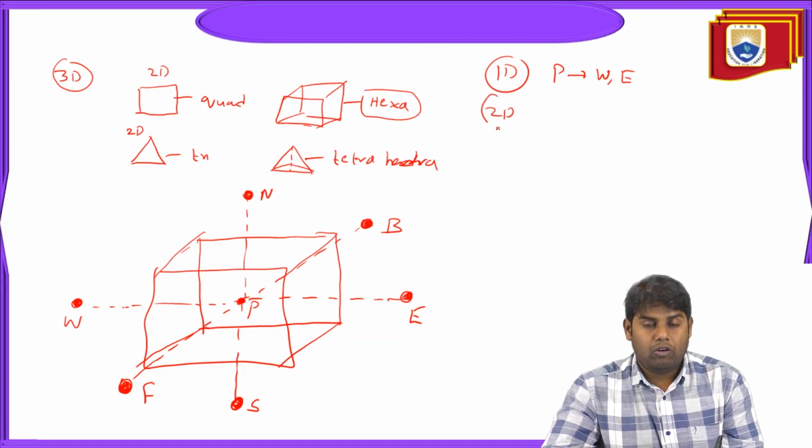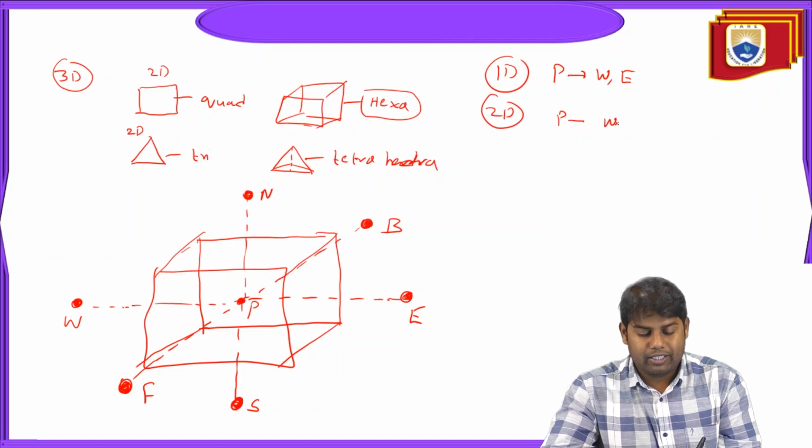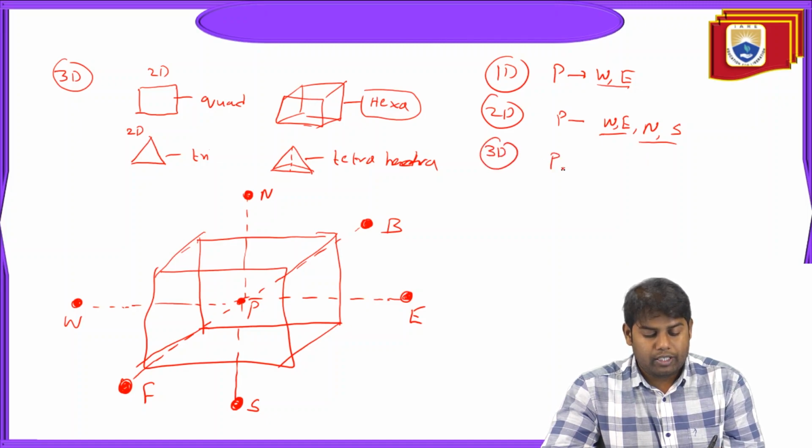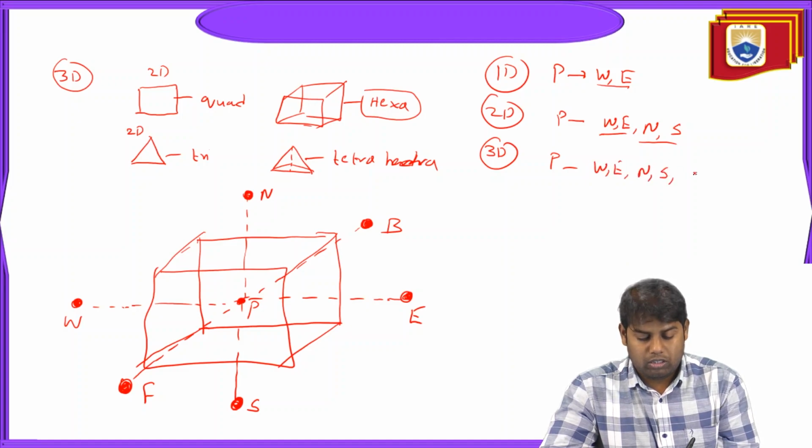For the 2D flow, point of interest P depends on west, east, north and south. So west and east, and additionally north and south for the two-dimensional flow. For 3D flow, the point of interest P depends on west, east, north, south, front and back.